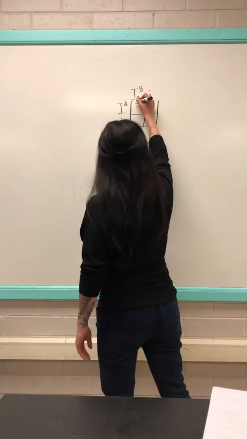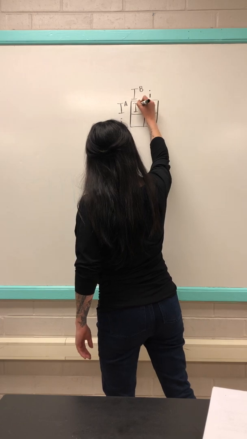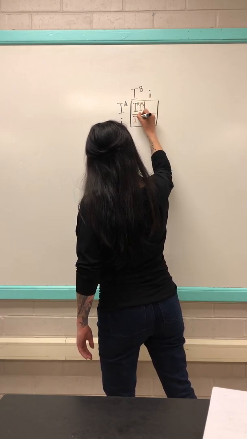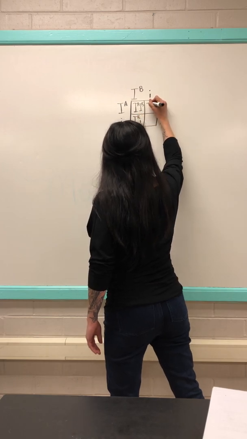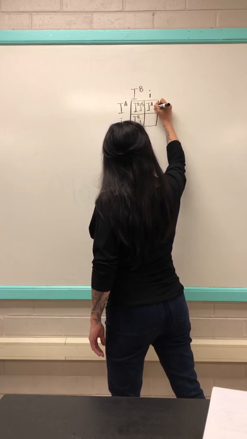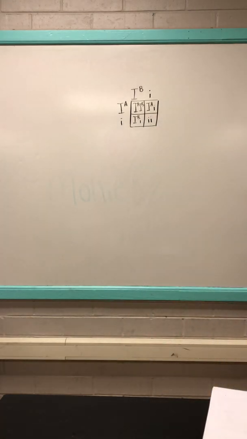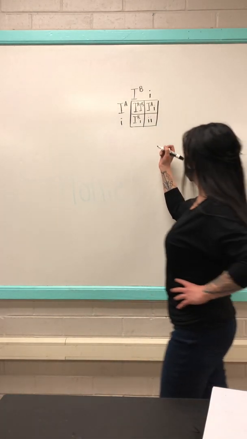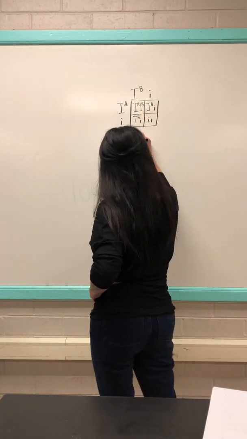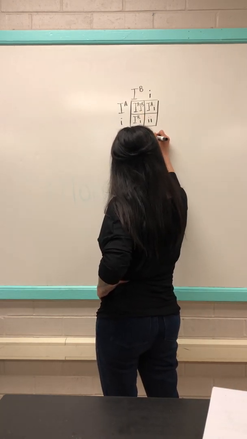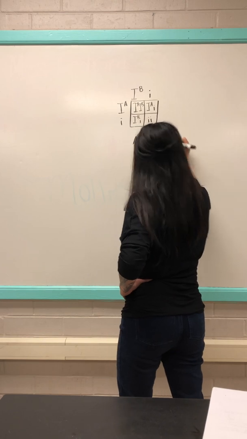So the probabilities of this would be like that. What percentage would have been an AB? 25. 25% AB.